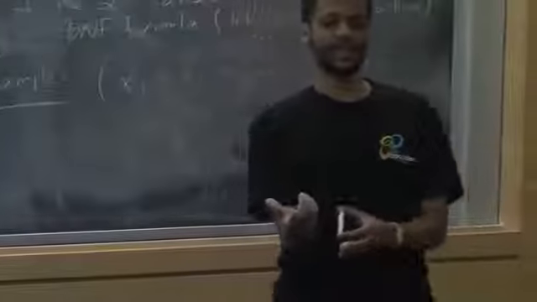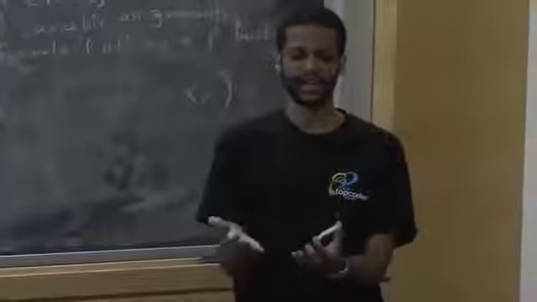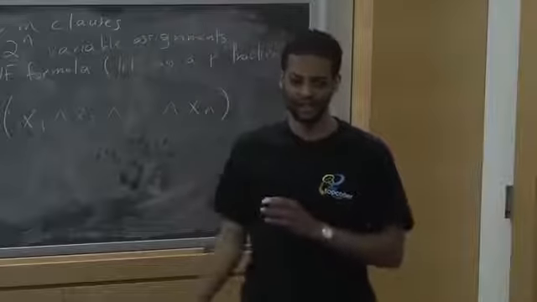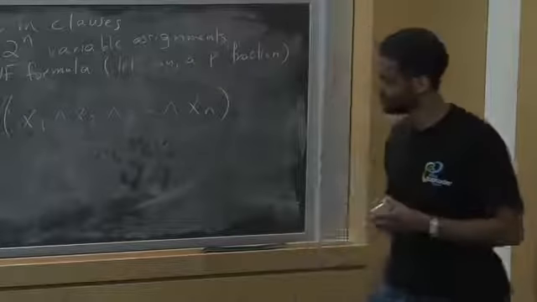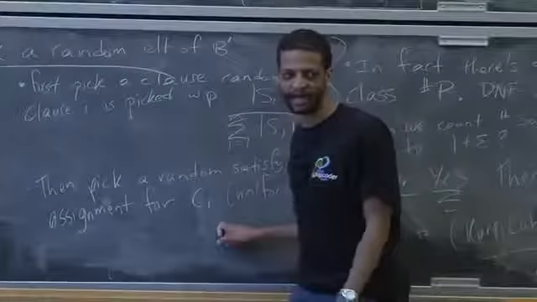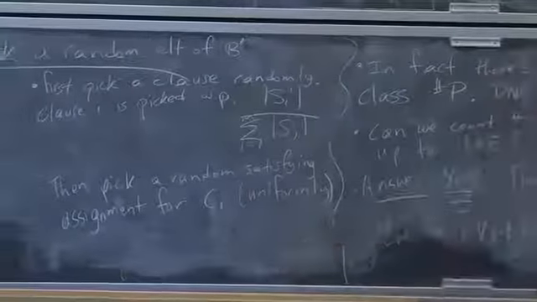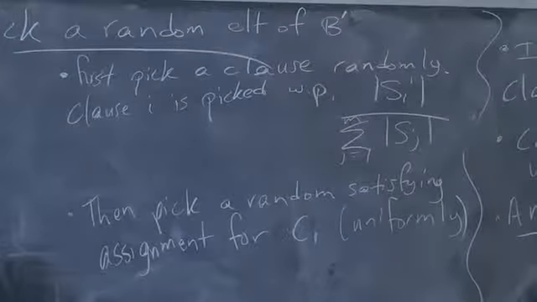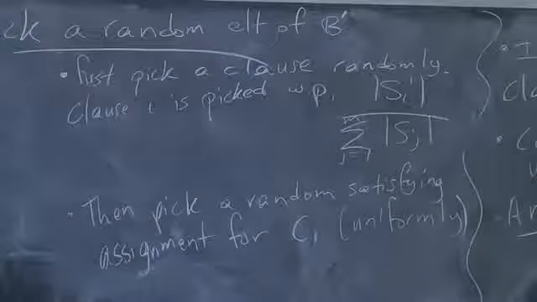Yeah, if you ever have a clause that's like x and not x, then you can just throw that out of your DNF because there's no way you're ever going to satisfy that. And now picking a random satisfying assignment for the clause: the literals that are actually in the clause, you set them to what they have to be. And everybody else you just pick uniformly at random.